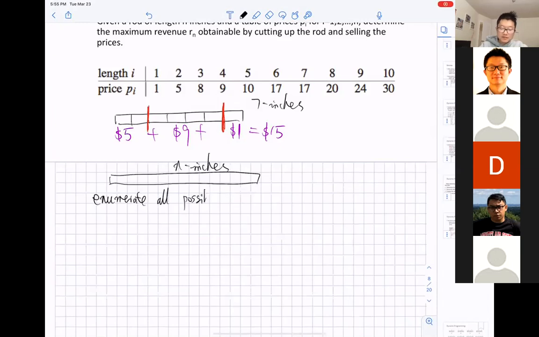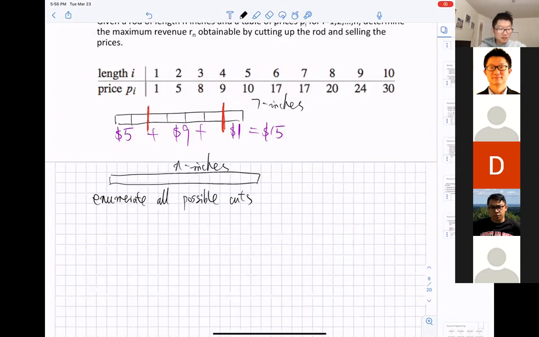All possible cuts, and then we calculate the revenue from each cut, and then we find the cut with the highest revenue, and then we solve the problem, right? Correct.